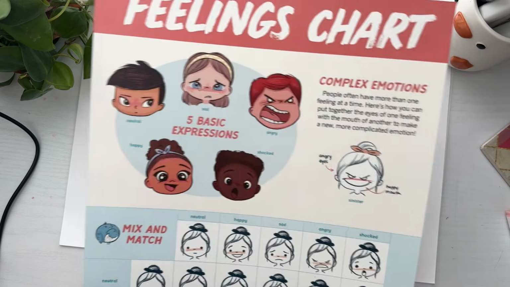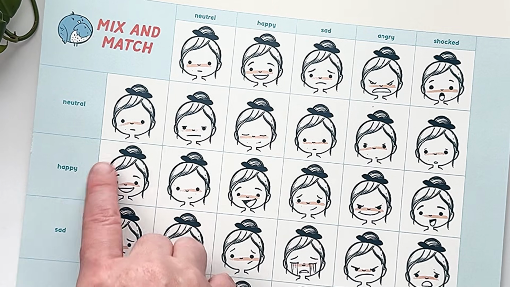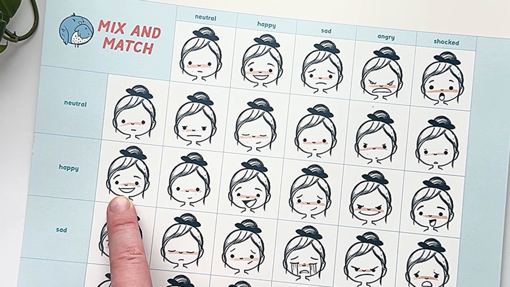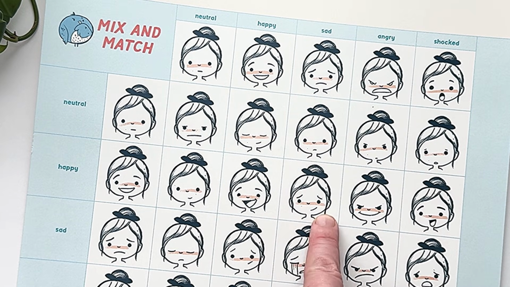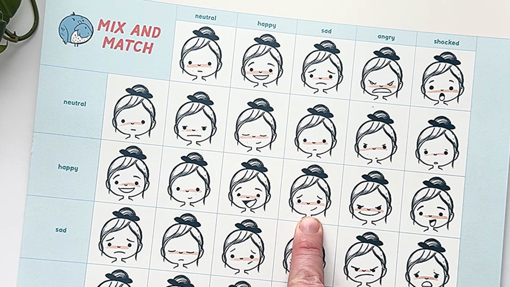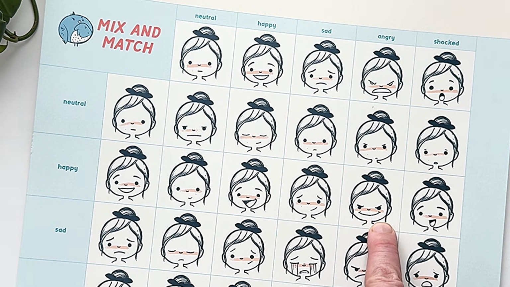So I did make this chart a while back, which might help as well. We can take an expression like happy, and we can move it over to the chart, and if we combine it with happy over here, it's extra happy, right? But if we move it here and we combine it with sadness, we can see what that might look like. And if we add it with angry, we can see what that looks like, or shocked. You can do that with all the emotions here.